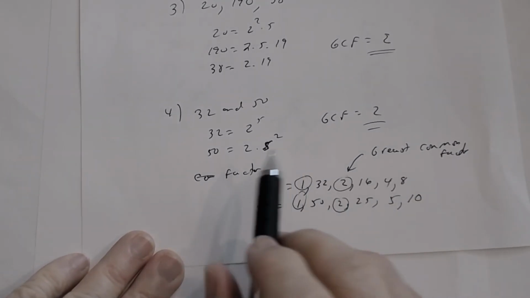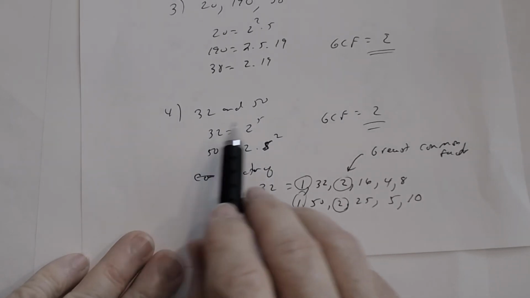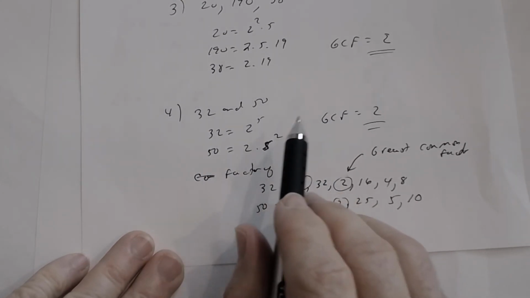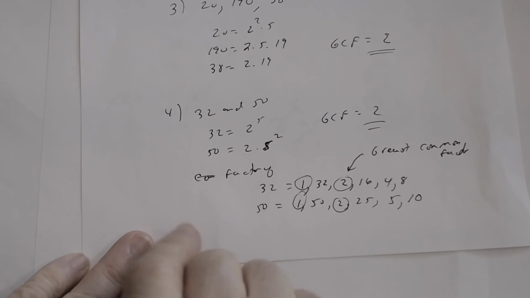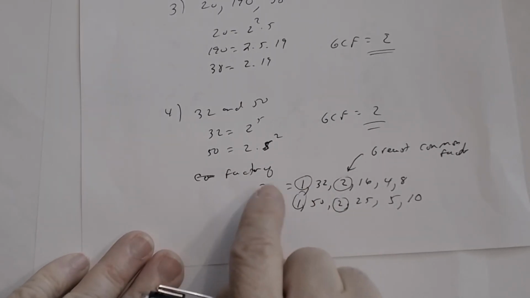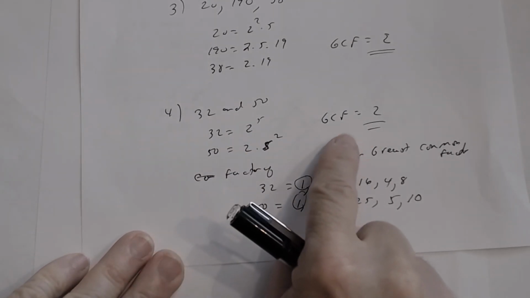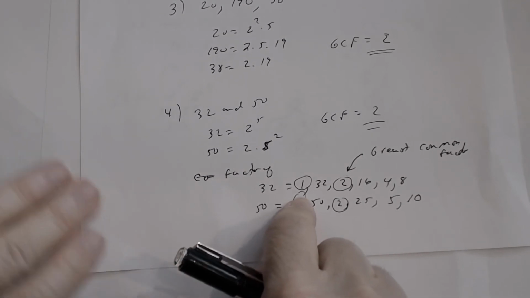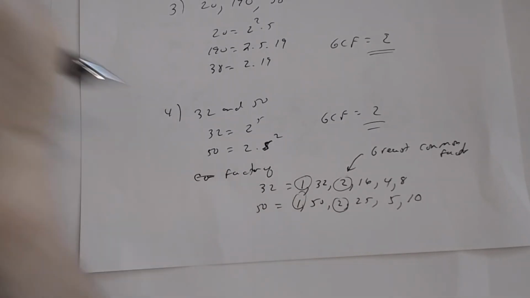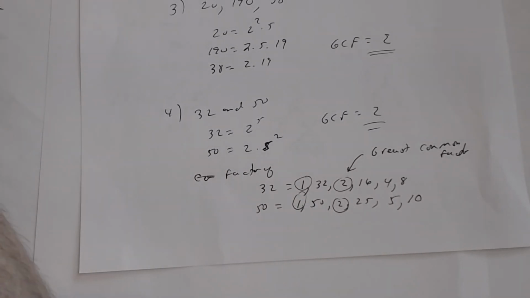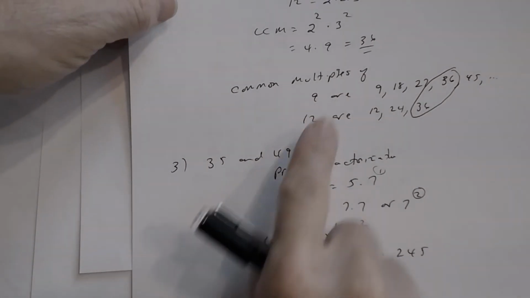So it's important to understand how to find the greatest common factor and the least common multiple using prime factorization, using, in this case, since we're dealing with common factors, the factors, or in one of the previous problems, the multiples. Okay?